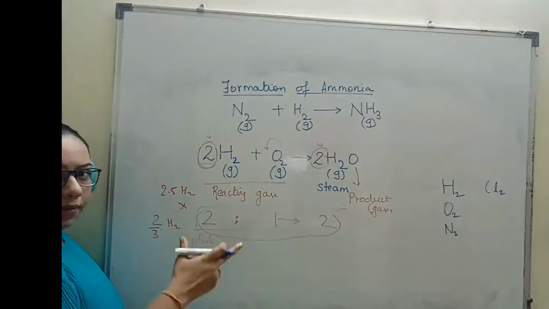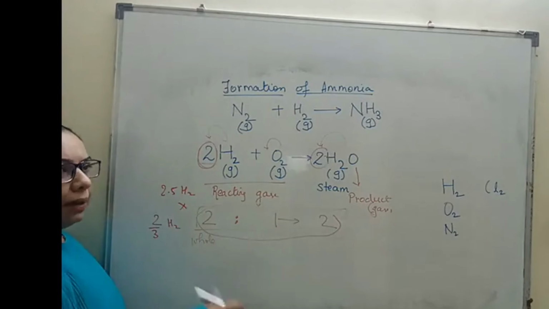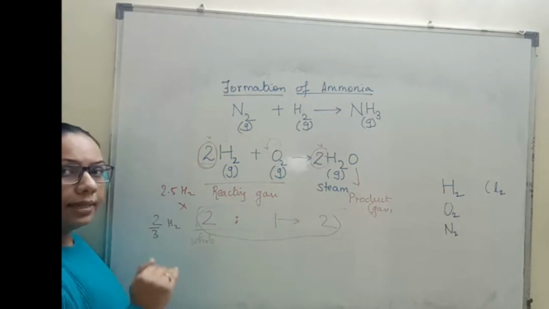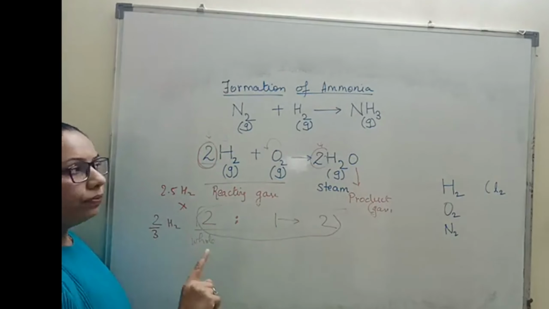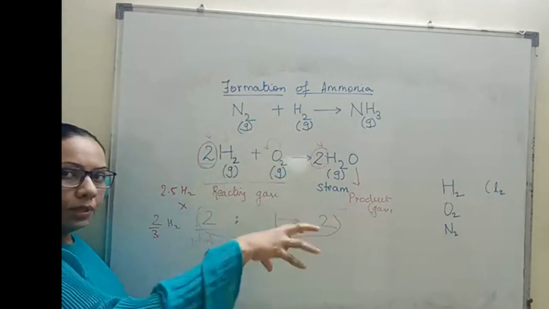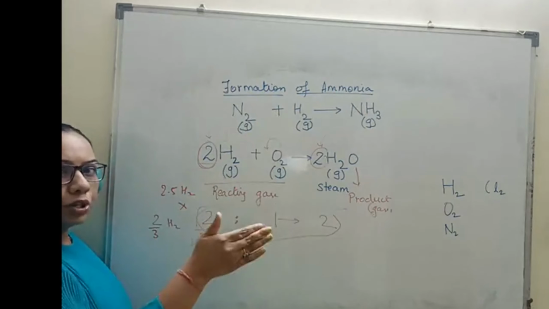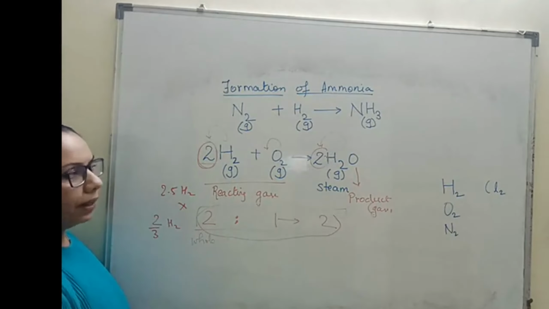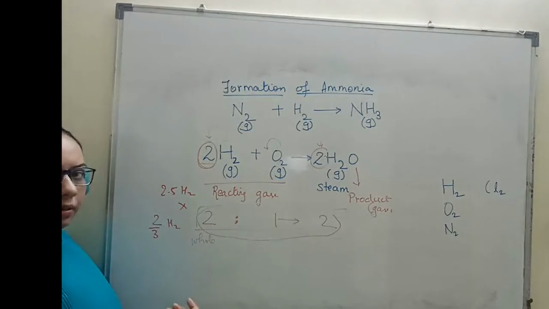A lot of heat is given out. Maybe in Haber's process, eventually we may collect it in liquid form after condensing the gas. But the first form that you're going to get is the vapor form. So ammonia is obtained in gas form. Later in industry, you can condense it and get it into the liquid form. That's the later part of it. But in the first process, you get it in the gas form.